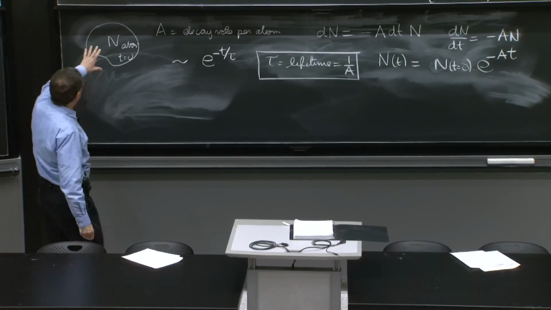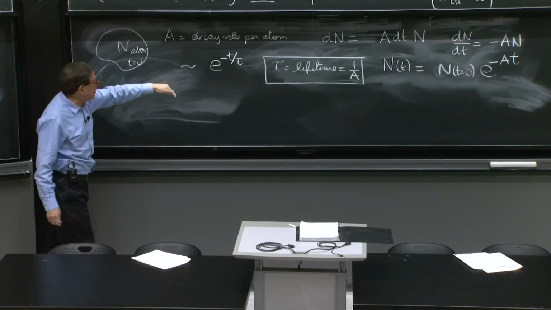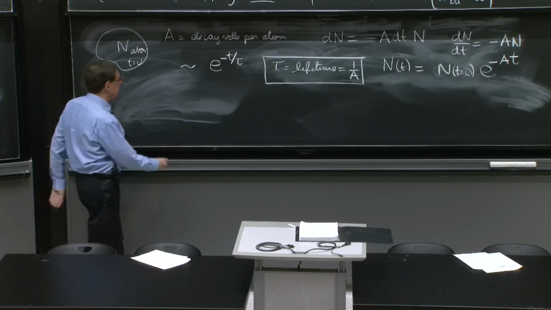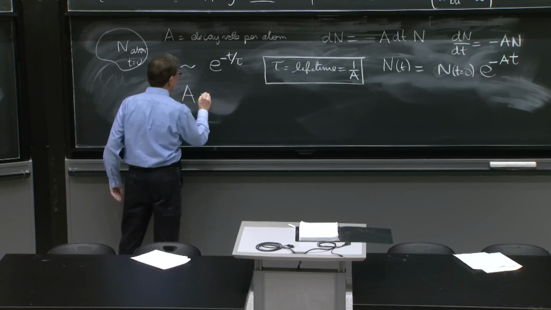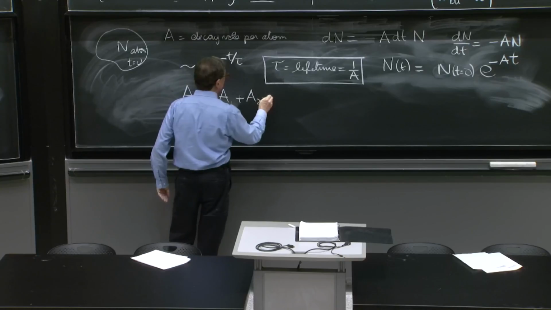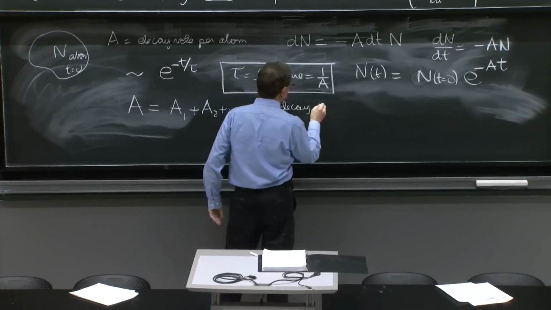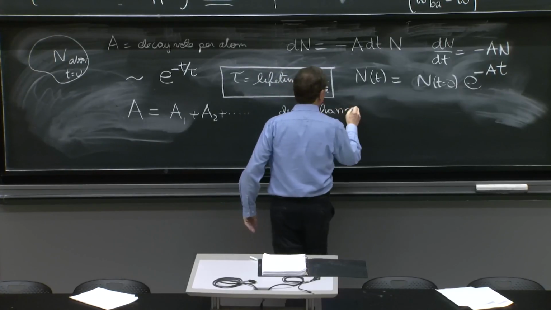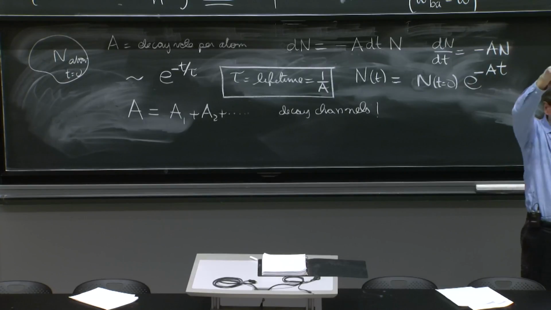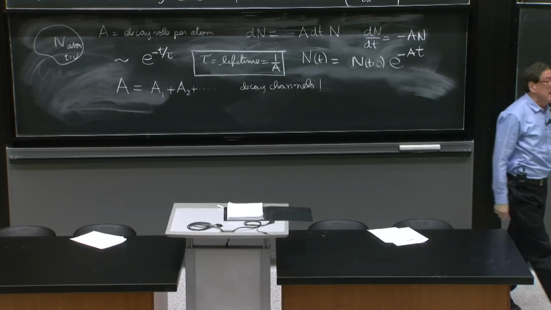Nevertheless, if you have an object, sometimes it can decay in different ways. It can decay maybe to one type of state, another type of state, a third type of state. So the total A might be equal to A1 plus A2 plus so on when there are various decay channels. A system can decay from an excited state to one state, to another state, to a third state.